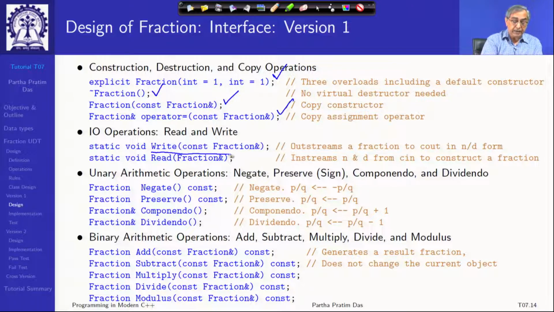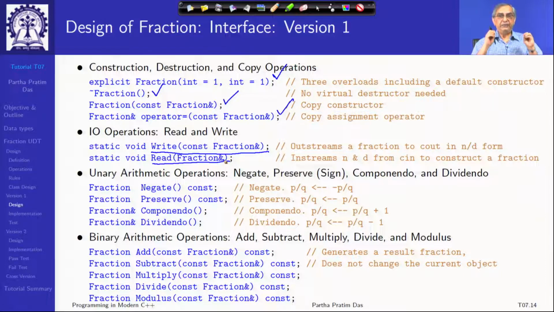Naturally, I need a write function which will take a fraction and write it to the cout. Similarly, a read function which will read a fraction as a pair of numbers. Right. So, here you can see that at the first go I am not attempting to get into the different operators.